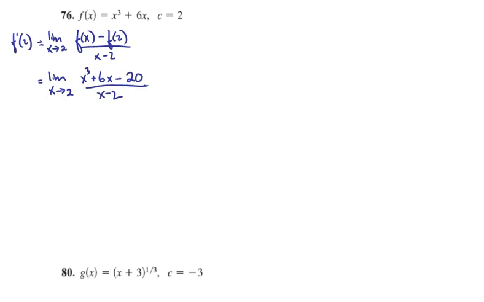Now we can't factor this directly, but since we're trying to cancel with x minus 2 in the denominator, we may try a synthetic division with 2 as the root. So we'd have 1 for the x cubed coefficient, 0 for the x squared coefficient, 6 for the x, and minus 20 for the constant.